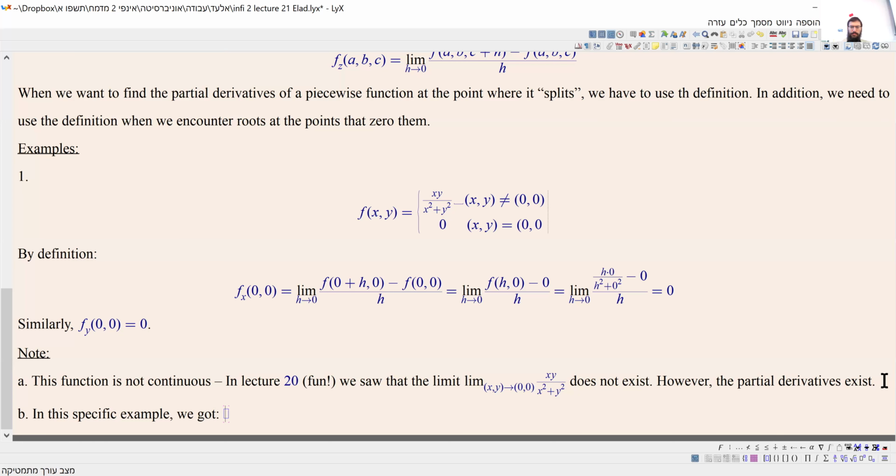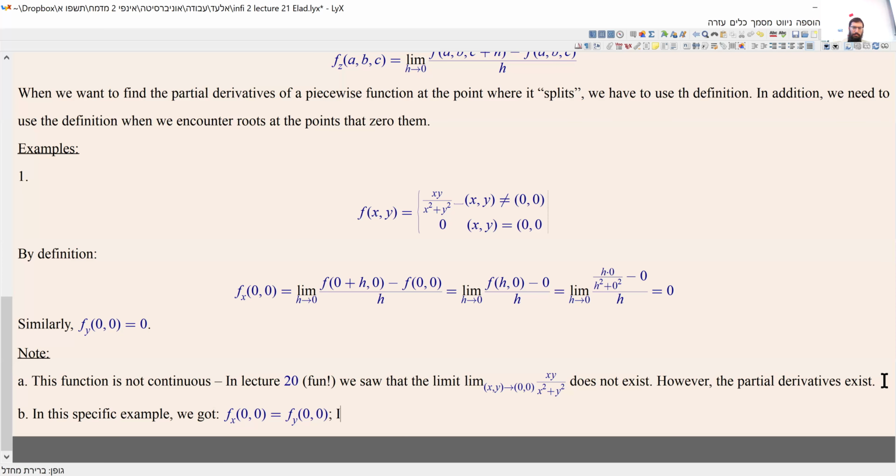we got that the partial derivatives at 0 are the same. It is not always true.